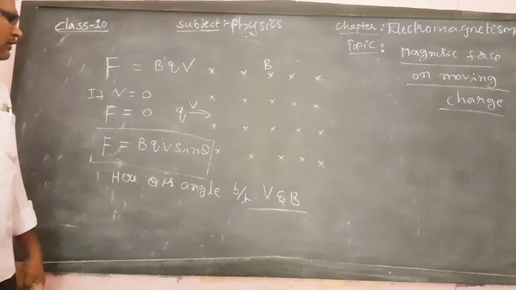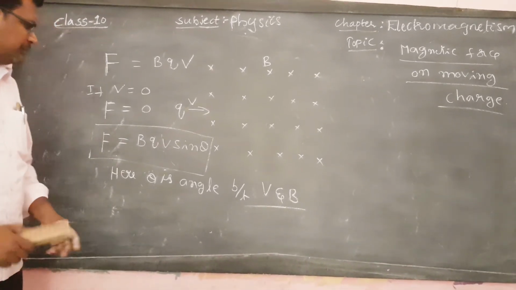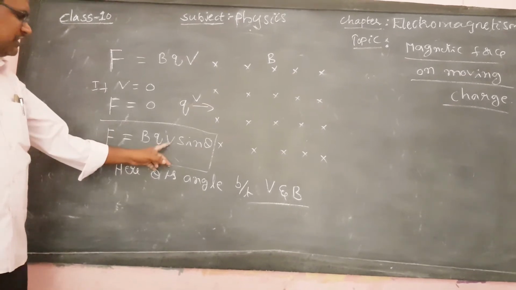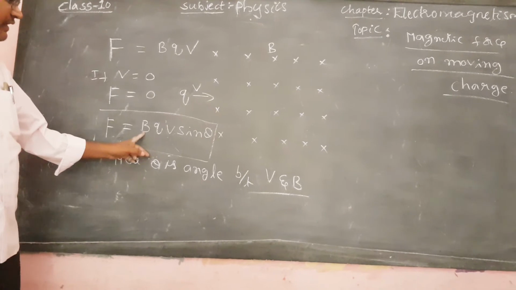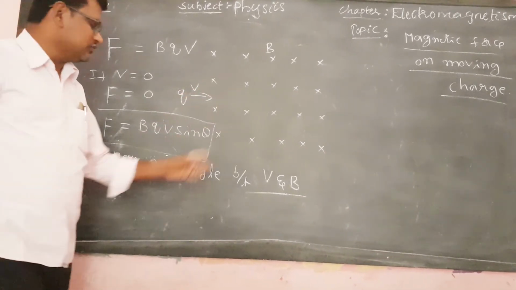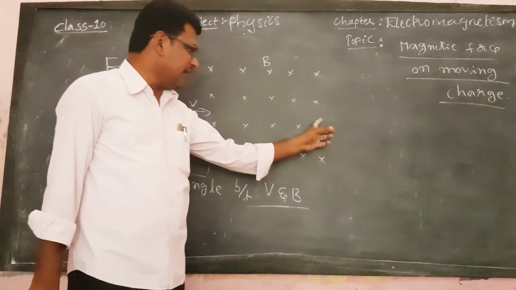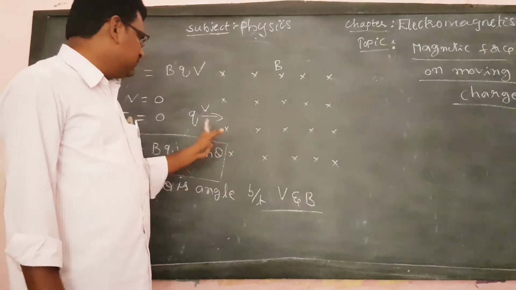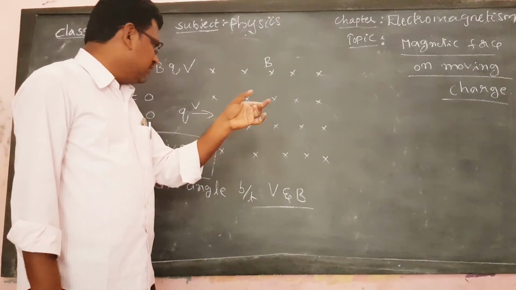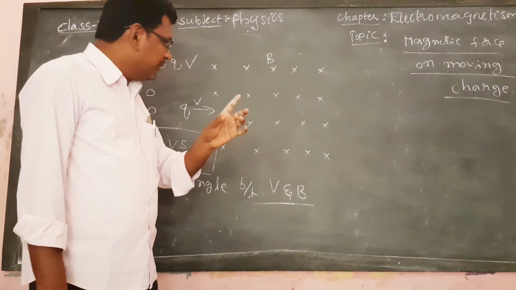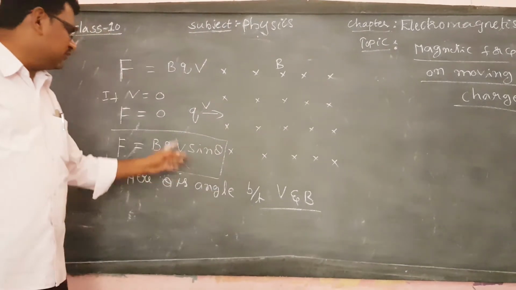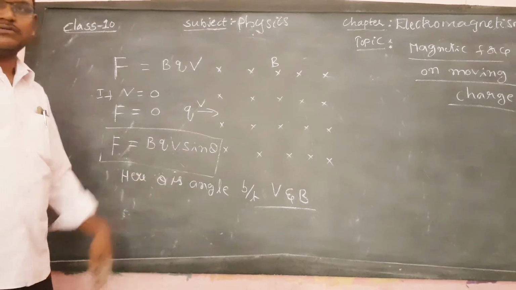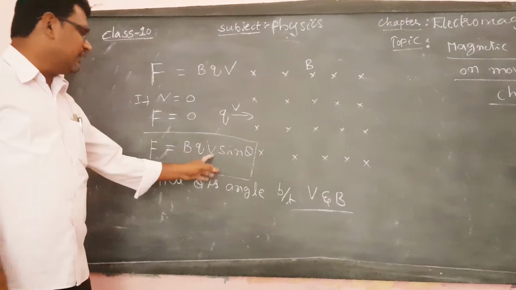Okay. Now let's see here. The velocity of the charged particle is perpendicular to the magnetic field. Here the charged particle is moving from left to right, whereas the magnetic field is acting perpendicular to the plane and into the plane. So these two are perpendicular and we know their directions.